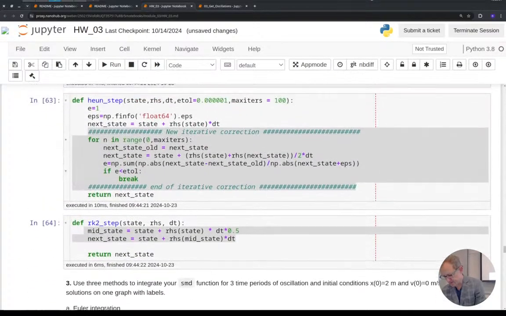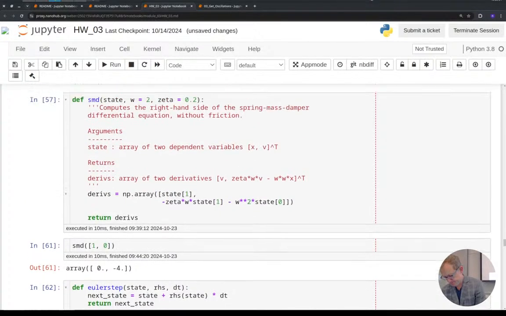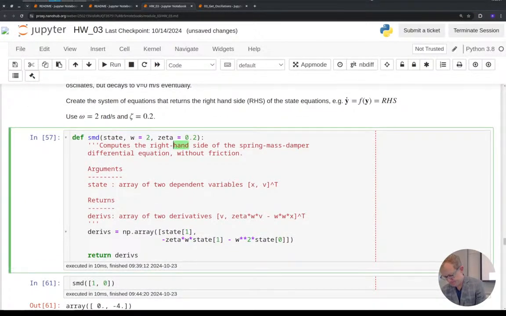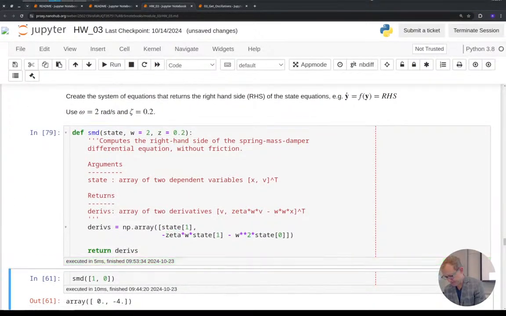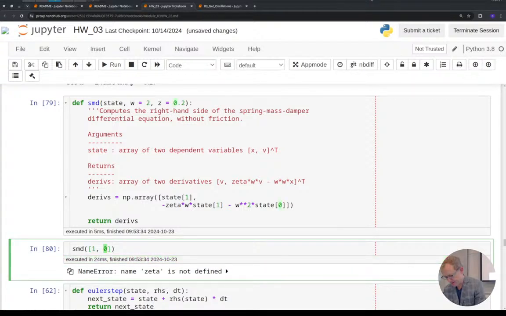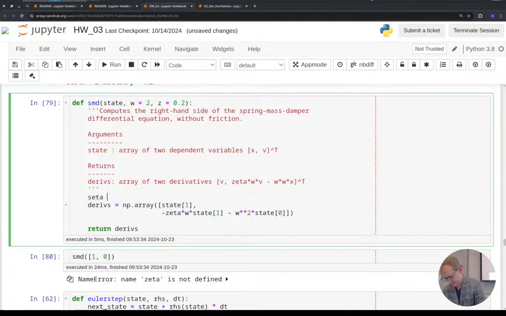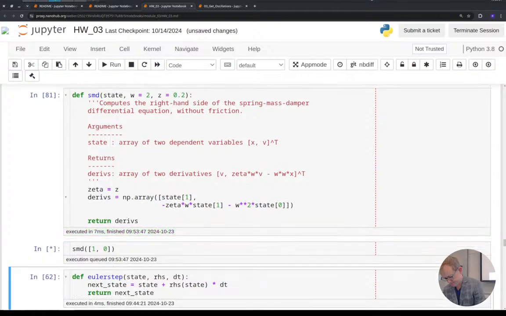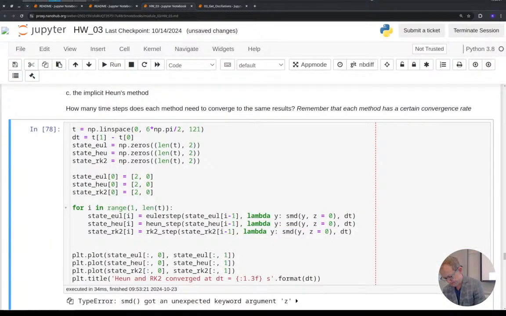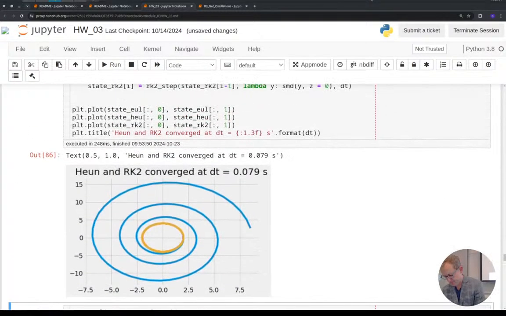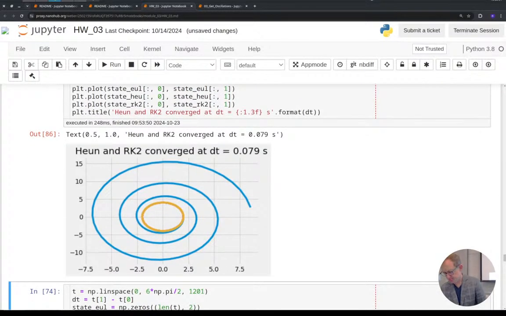Oh, what is it supposed to be? Zeta? I'm going to hack my way in there. Oh wait, I have to change these now. So Euler's still wrong.